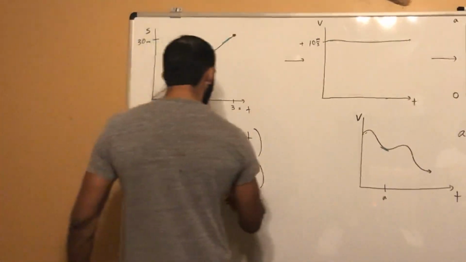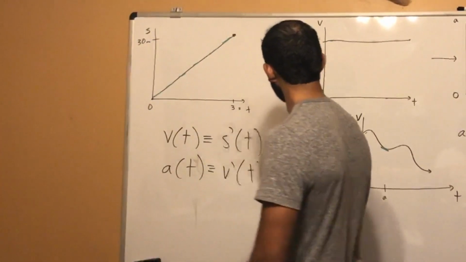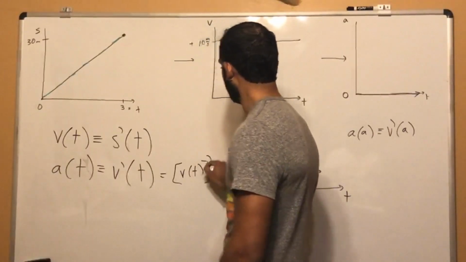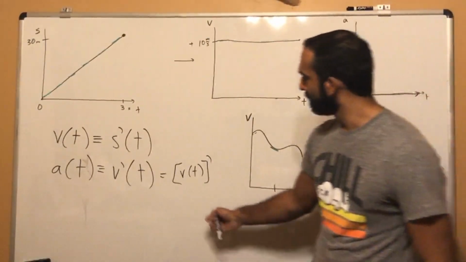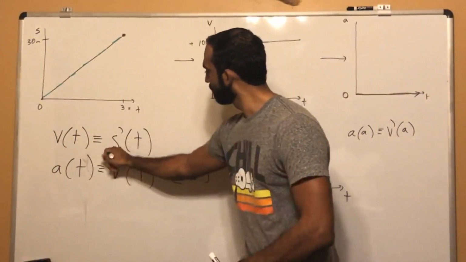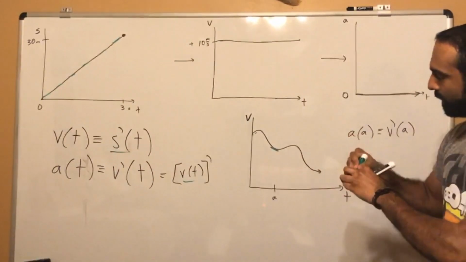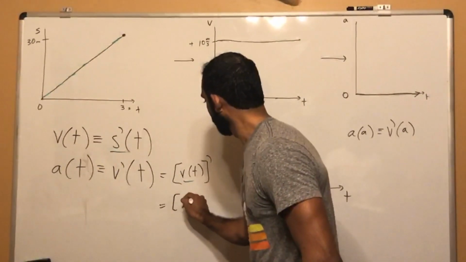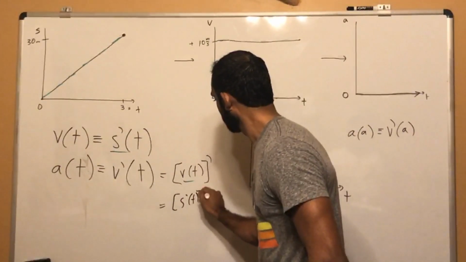Well, this guy is the same thing, notationally. And now if I just do a little substitution, I can take this thing, S prime, stick it in right there. So I get the derivative of the derivative of position.